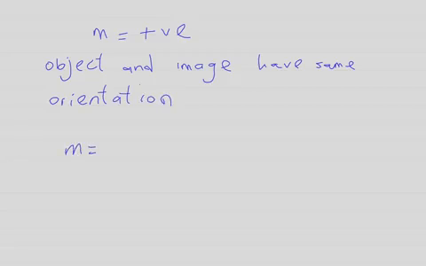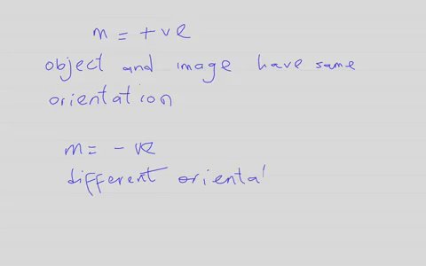Then M is negative if they have different orientation. Orientation here is talking about whether it is erect or inverted. So that question has been answered.